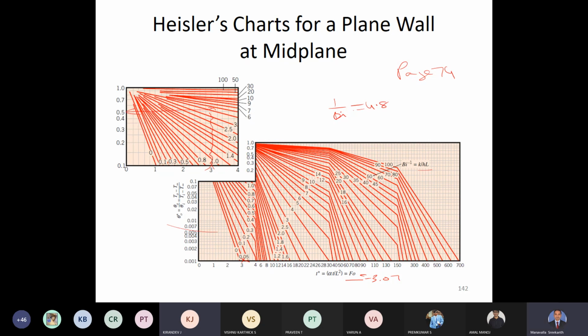This line has gone inclined, somewhere between 0.5 and 0.6.